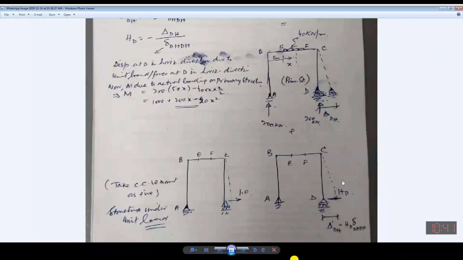Accordingly, I will look into the effect of this HD and this 40 kilonewton per meter, and then the unit load method will be applied. Now in this case, first of all, I need the moment, m value. You know that deflection is equal to the integral from 0 to L of m capital into small m into dx.